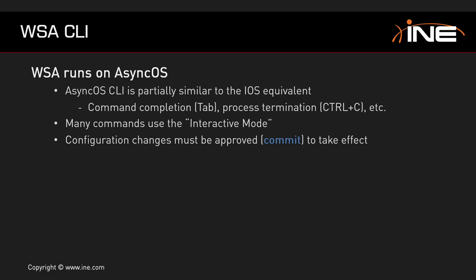This concept is obviously different from regular IOS-based devices like distribution layer switches, like access layer switches, like your G1, G2 ISRs. It's much more similar to what you can see on the ASR platforms.